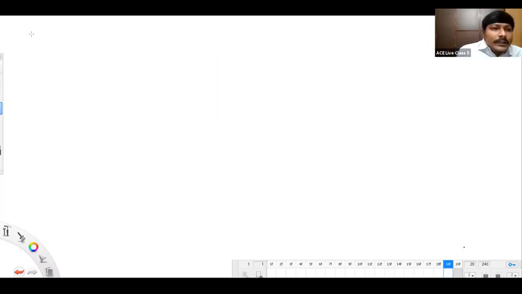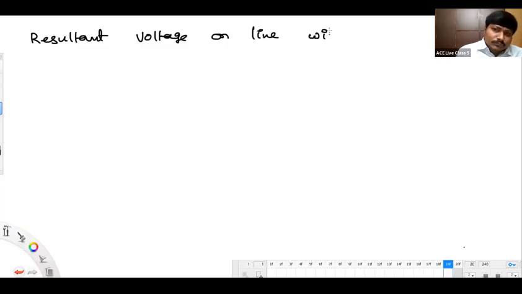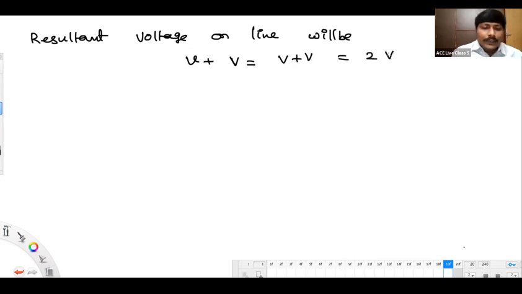So therefore, the resultant voltage on the transmission line will be small v plus capital V, which is capital V plus capital V. So that number will come to be 2V.